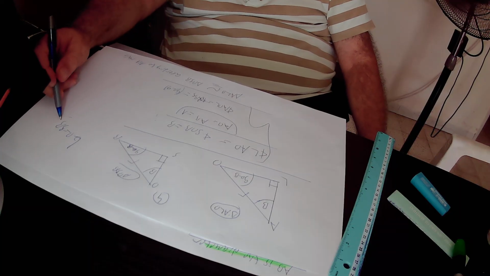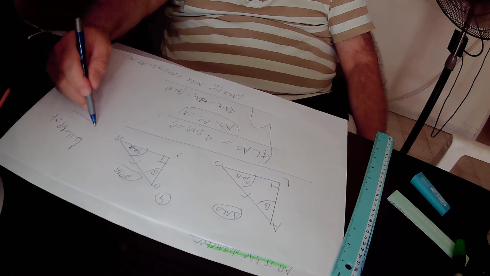So if we define SB as x, then LO must also be equal to x because they are equal to each other.